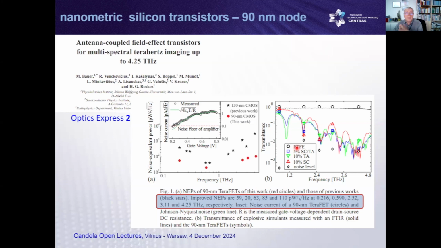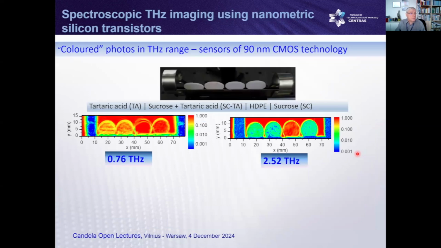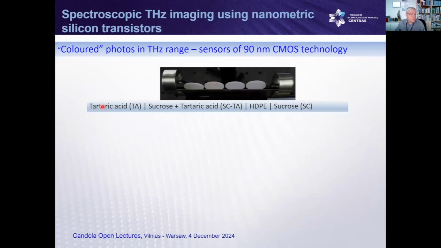We used high density plant powder compressed with tartaric acid and sucrose in different concentrations. Initially, we measured the spectrum using a Fourier spectrometer, and then we recorded images. We tried to make photos at different frequencies, and this result is shown here. You see, it is tartaric acid, sucrose, and a reference.